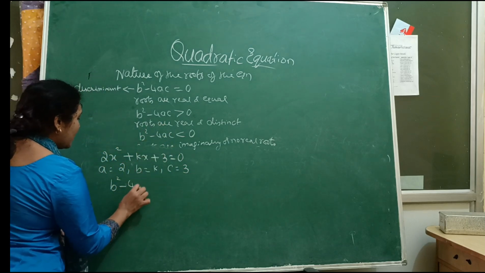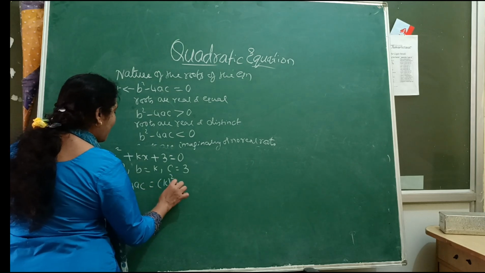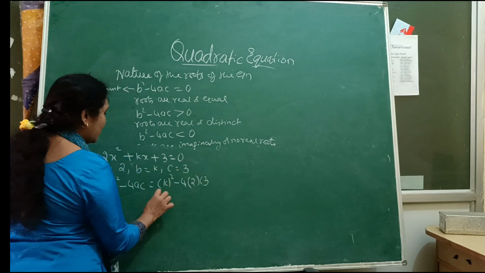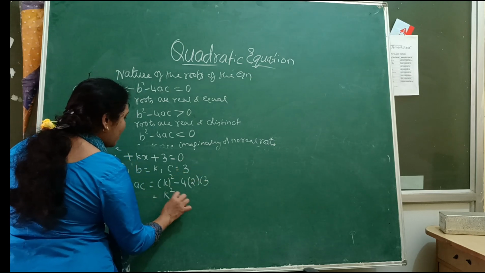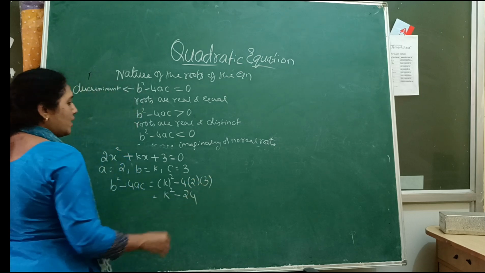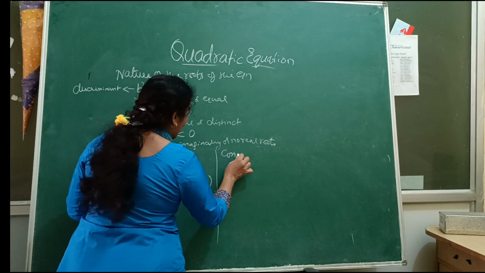b square minus 4ac is equal to k square minus 4 into 2 into 3. This is k square minus 4 2s are 8, 8 3s are 24. Now they have given the roots are equal.